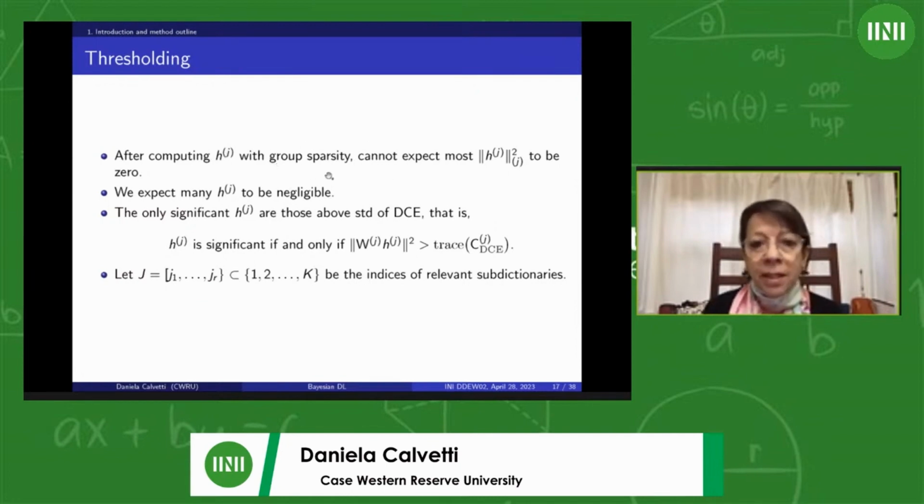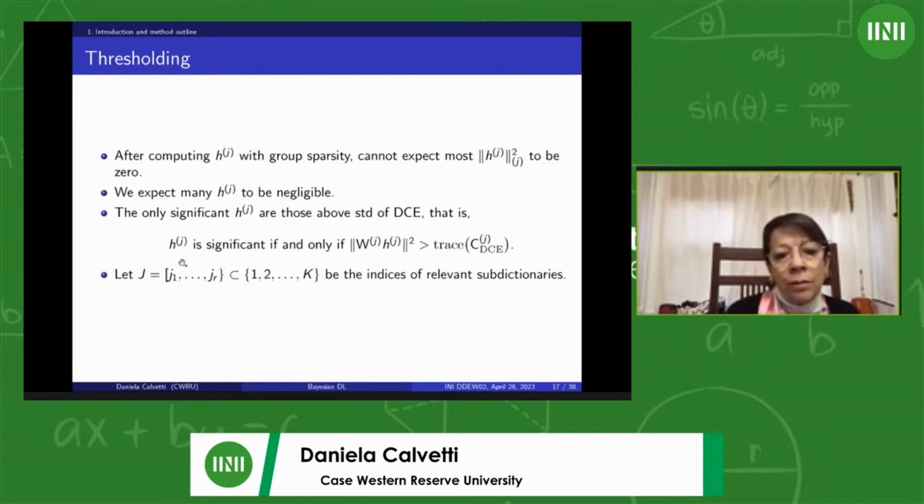Even though we express our preference for group sparsity, and that most of the groups should be very small, in general we cannot expect that the norms of the segments will be 0 for many of them, or in fact even for any of them. But we may expect that many of these segments of the vector H will be negligible. So we need a criterion to do the deflation of the dictionary.